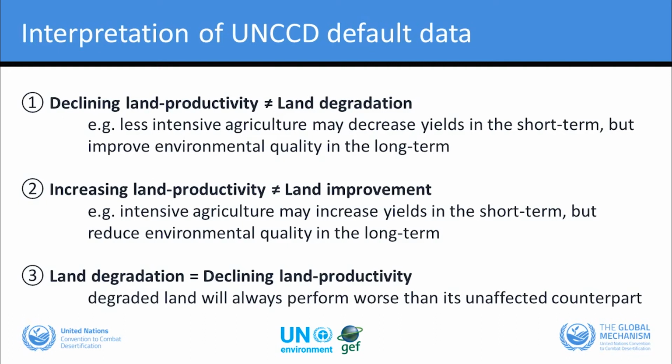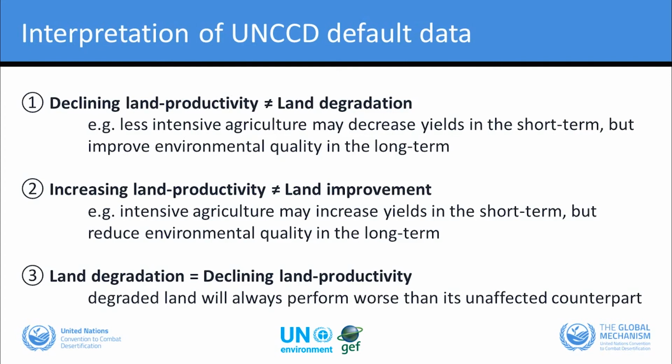Also, we have to know that increasing land productivity does not mean land improvement. For example, intensive agriculture may increase yields in the short term, but reduce environmental quality in the long term.